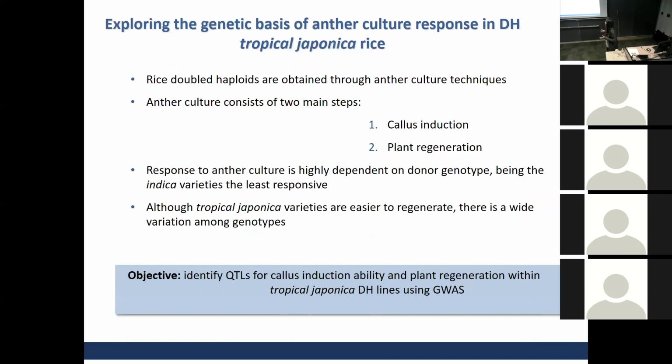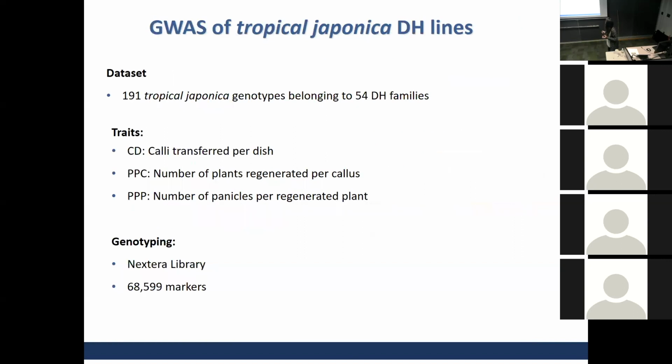So our objective was to identify QTLs for both callus induction and plant regeneration in our tropical japonica double haploid lines. Our data set consisted of 191 lines that belong to 54 double haploid families. These were all the double haploid families we could recover after the anther-culture process.